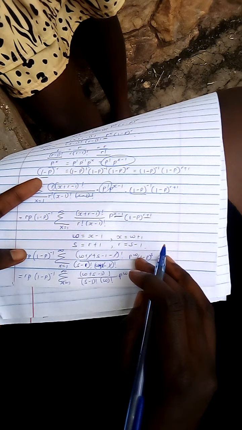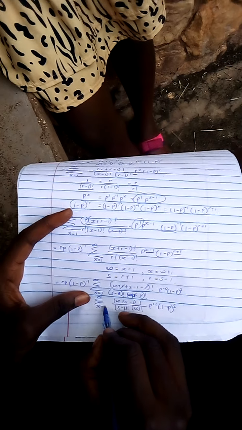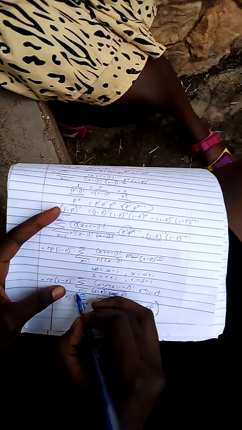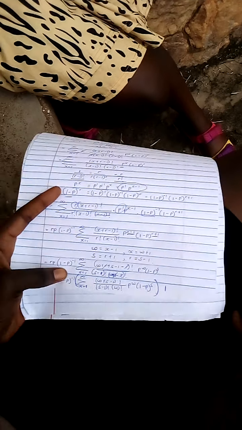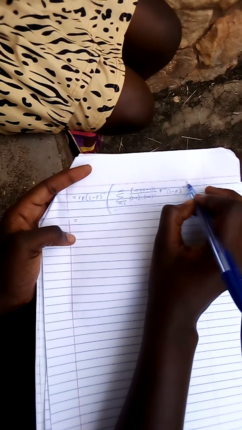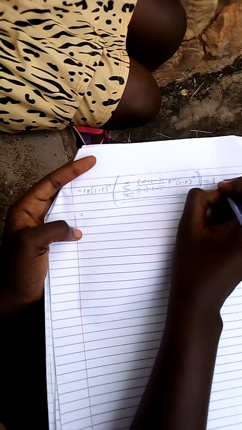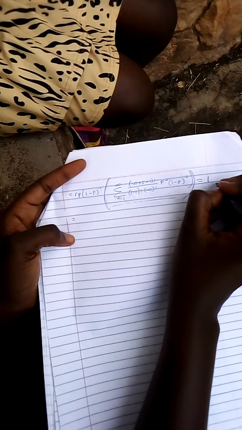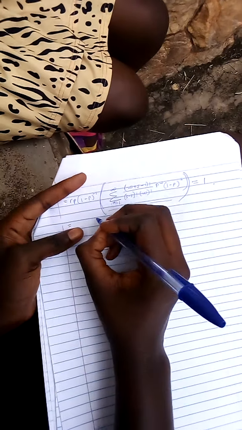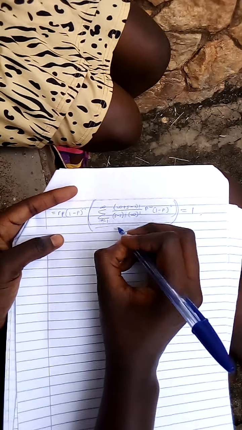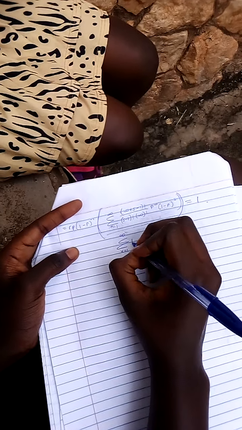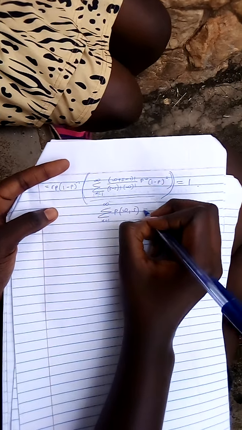So, to save time, the whole of this is equal to 1. That's from the negative binomial distribution. It's the same as saying the summation over w of the probability of w and s, which is 1.